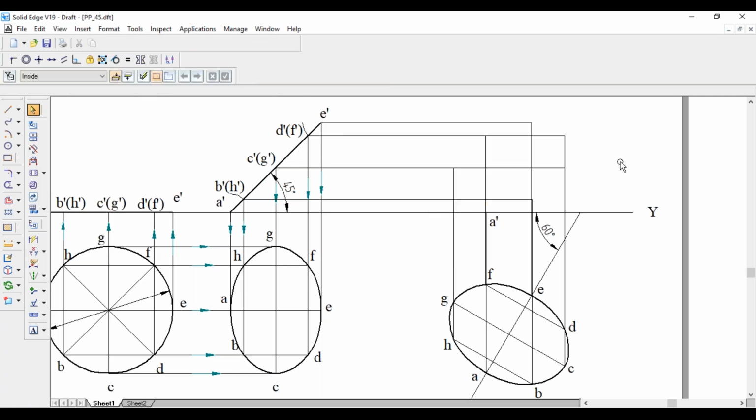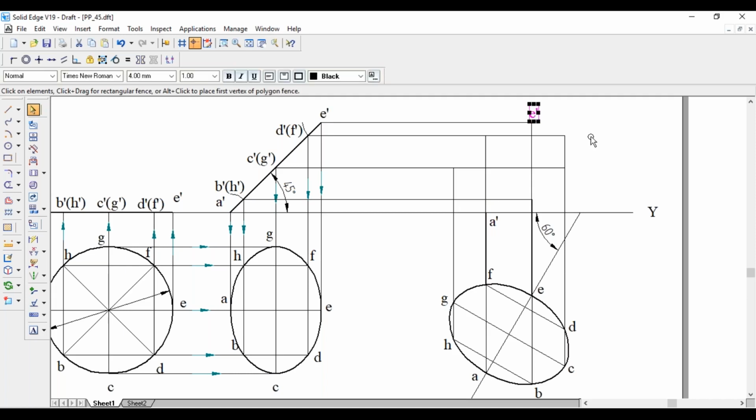A dash, E dash, B dash, C dash, D dash, F dash, G dash, H dash.